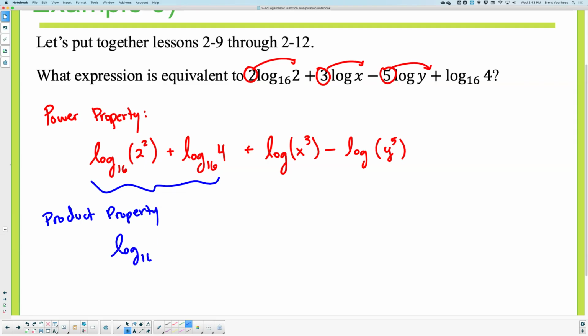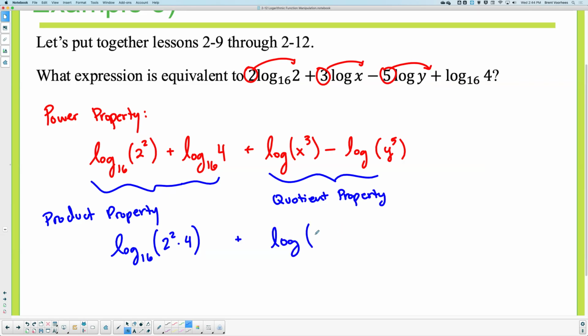This is log base 16 of 2 squared times 4. And this right here is a quotient property. So it's 1 log, but we make it divide. What goes to the numerator? X cubed, and the denominator? Y to the 5th. Good.